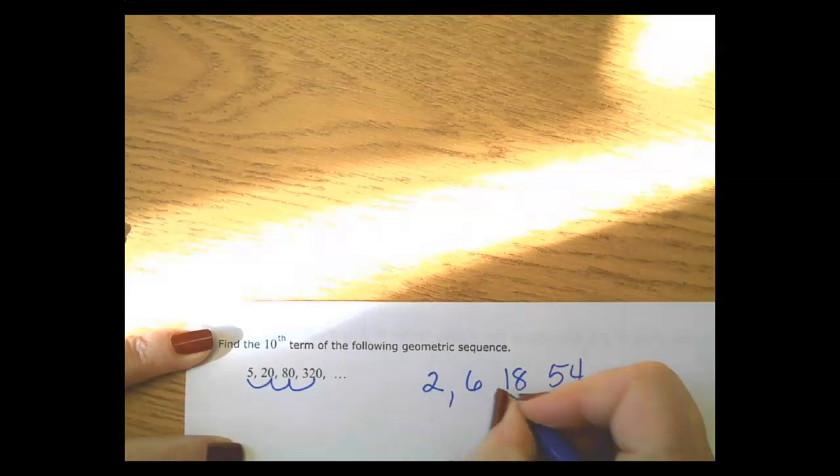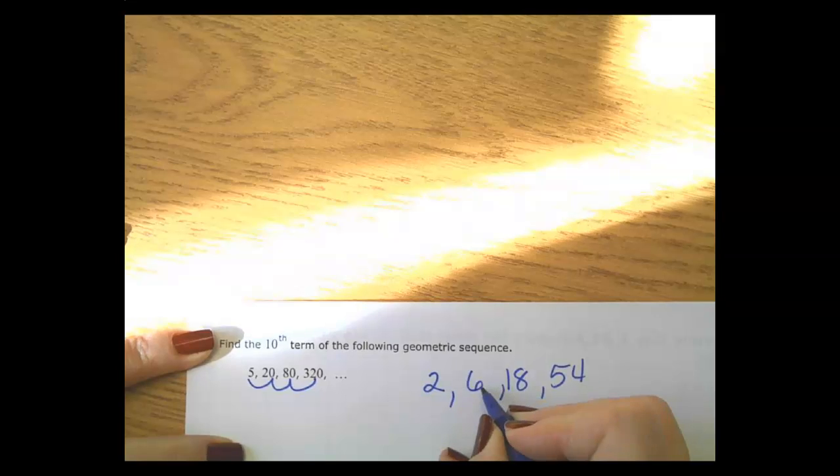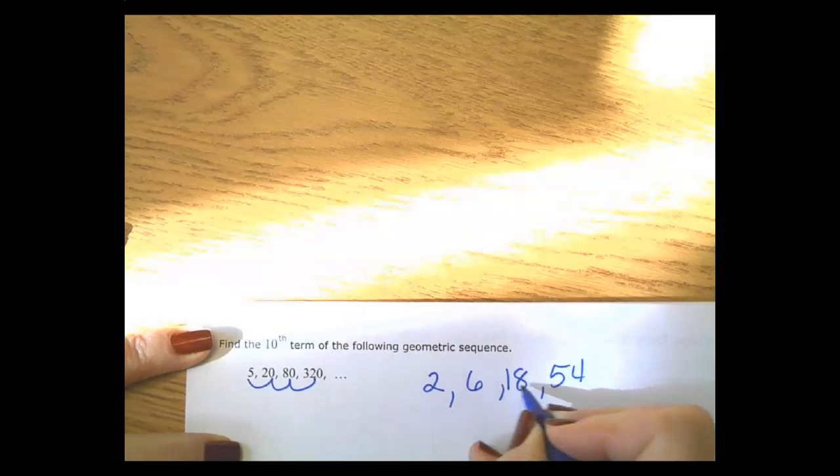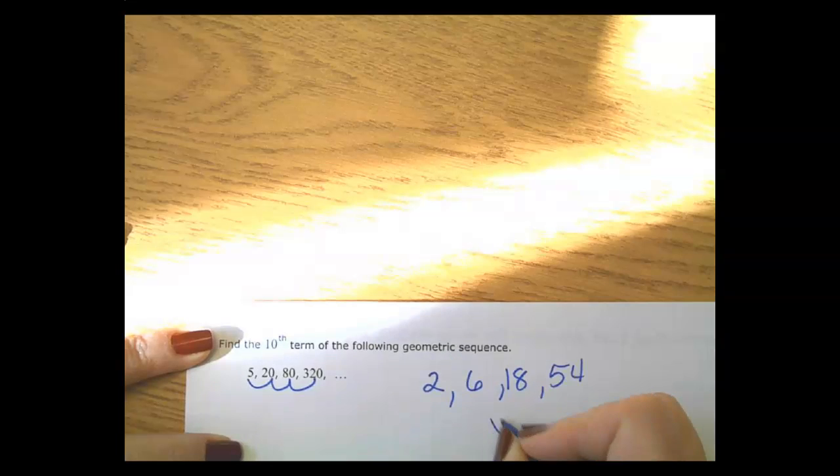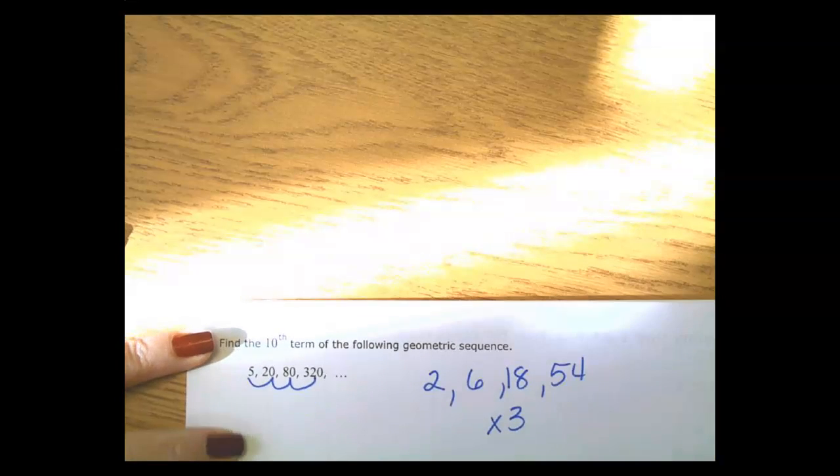Okay. So what's my pattern? 2 to 6, am I adding 4? No. 2 to 6, I know I can multiply by 3. Oh yeah, multiply by 3, multiply by 3. So my geometric sequence says I am multiplying by 3.